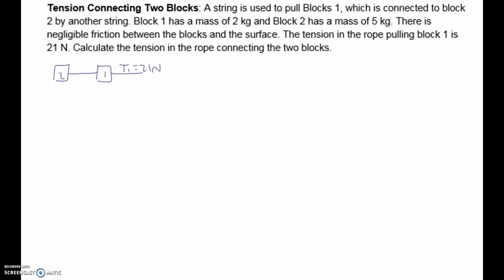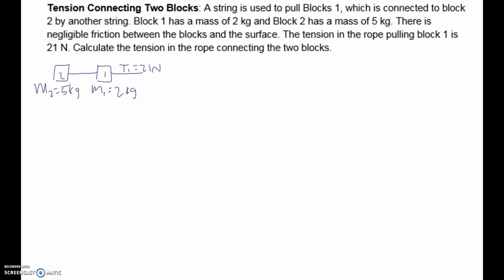There's some other tension in the string between the two, and we also know the masses, so maybe I'll list that here. Block 1, mass 1, is 2 kilograms, and mass 2 is 5 kilograms.